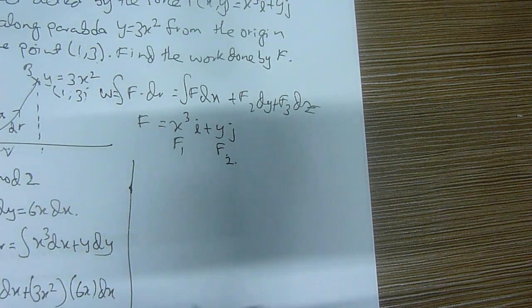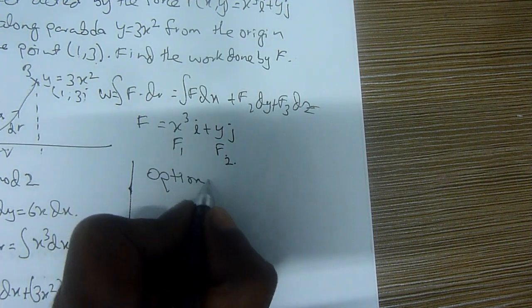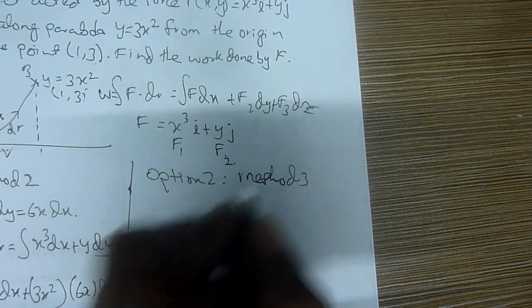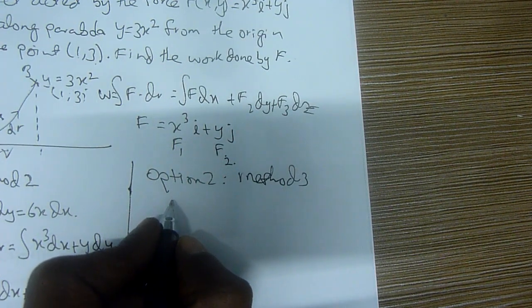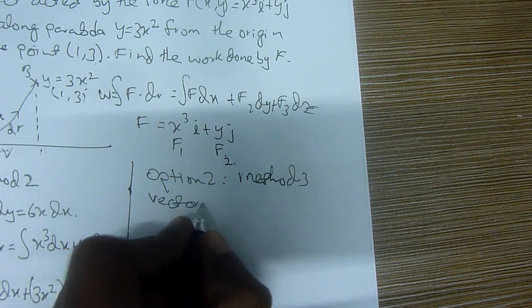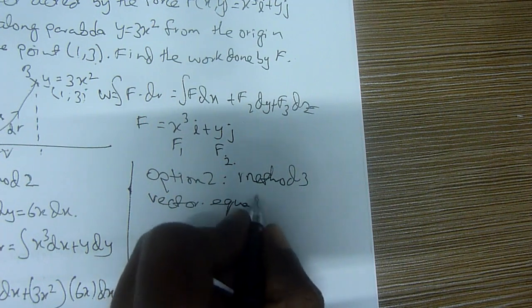Now, the option 2 that I'm going to introduce is method 3. I may call it method 3, but it's vector based. It's a vector equation. We're going to use a vector equation to calculate.